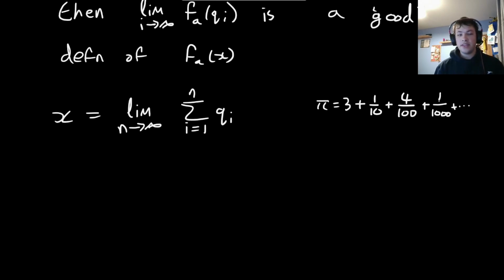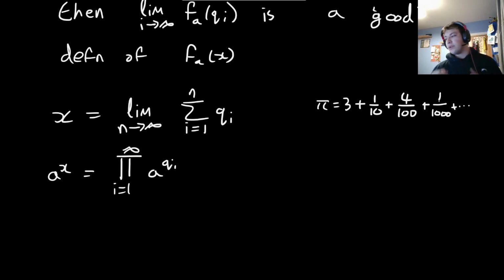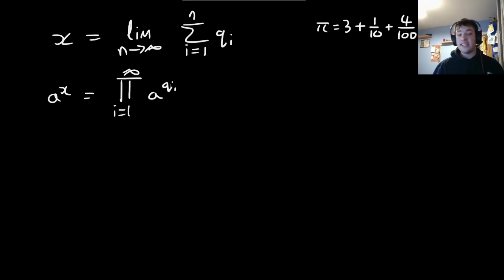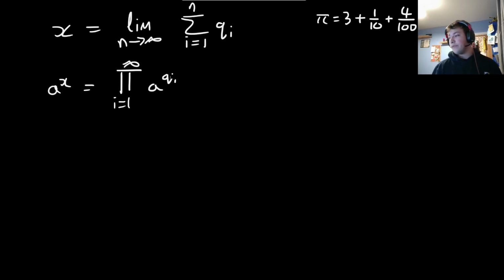If we have this, then using our sum and product rule, a to the x is the product from i equals 1 to infinity of a to the qi. So we now have a to the x defined for any real number.